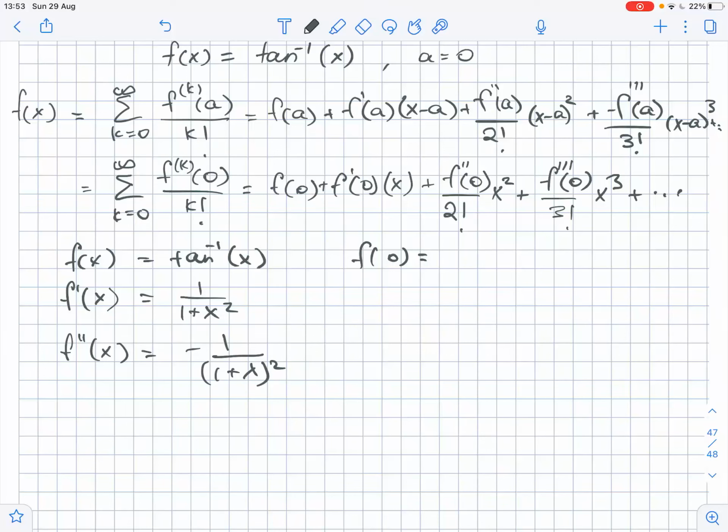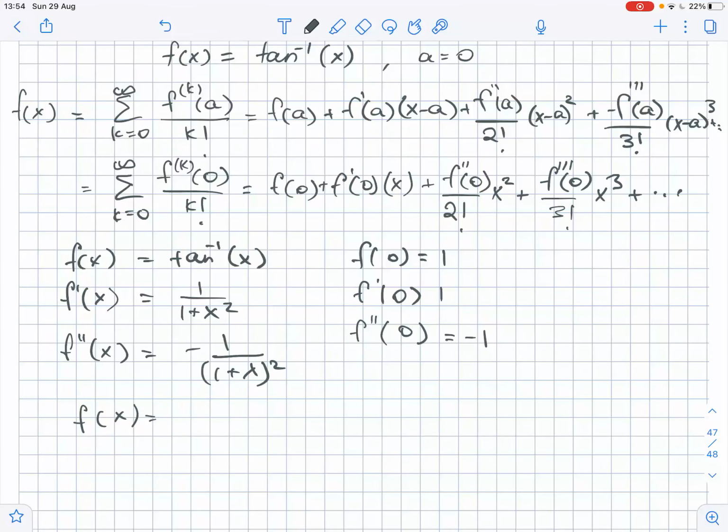And then f of 0 equals 1, f prime of 0 equals 1. The second order derivative of f of 0 equals negative 1.